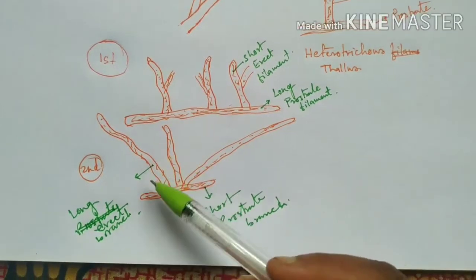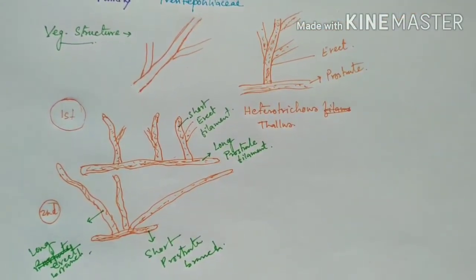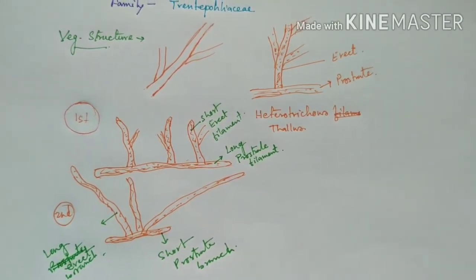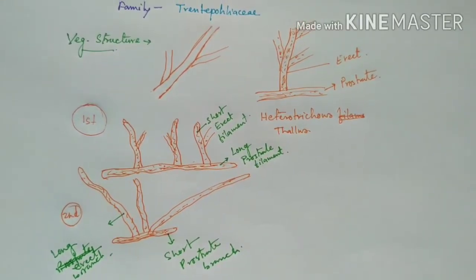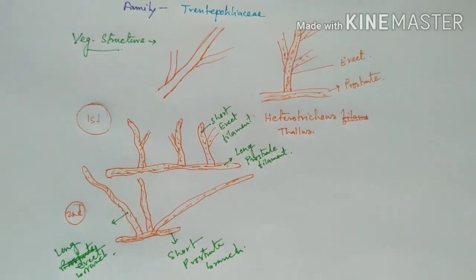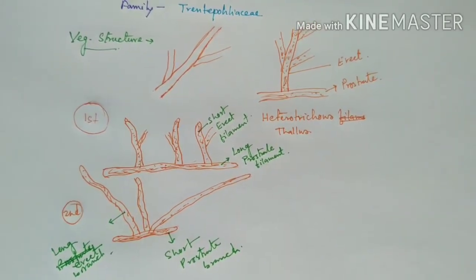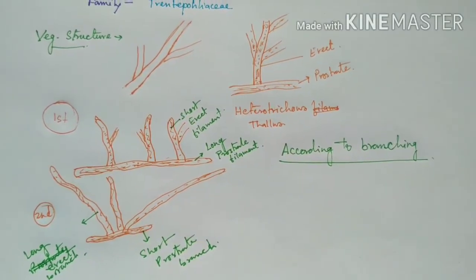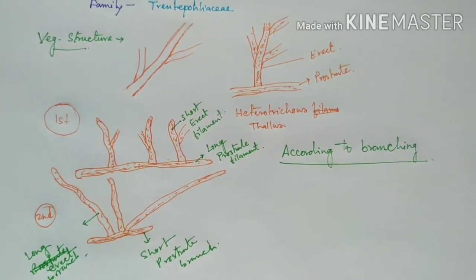Next, according to their branching position or arrangement, there are three types of filament. The first is alternate.